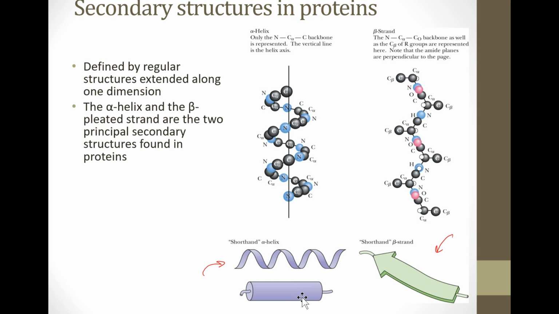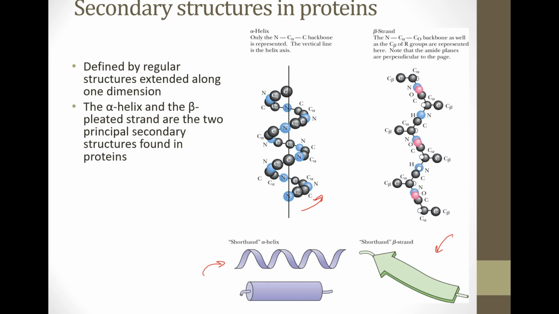So a little bit of information that we'll get out of these structures. The alpha helix coils around a central axis, which is what we're seeing here. And the R groups point outward as you move around the helix.